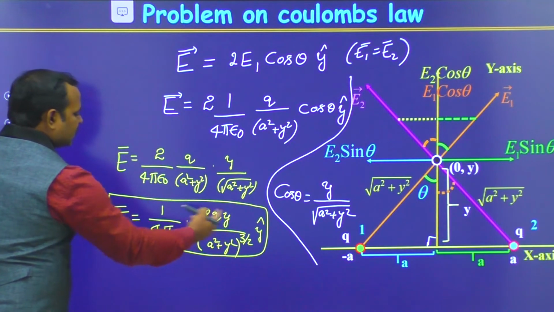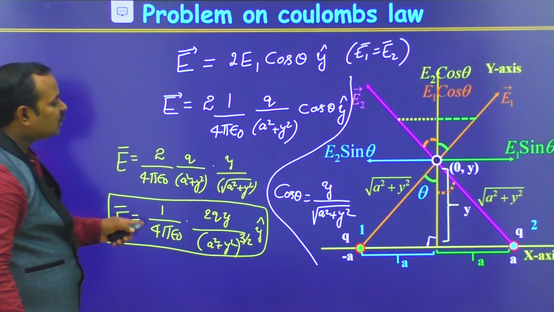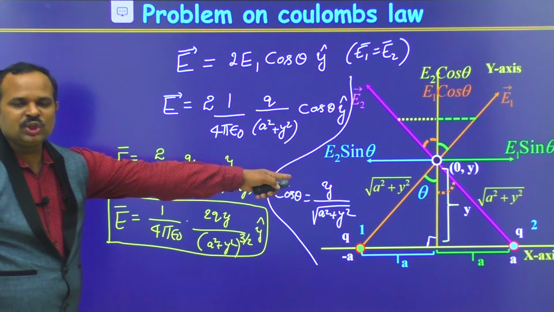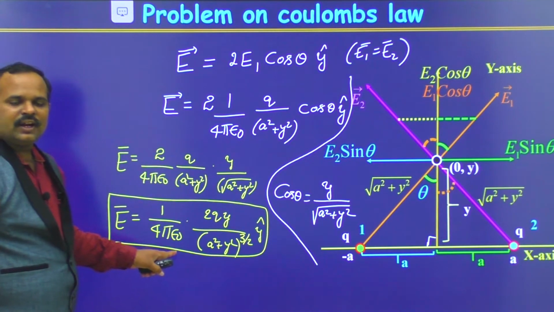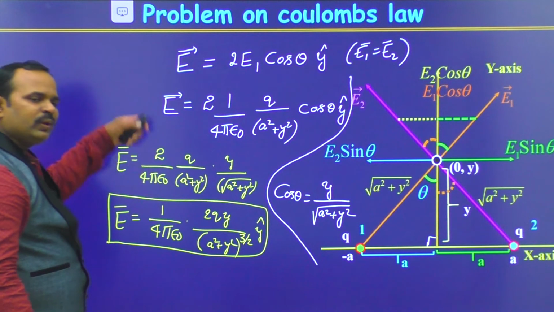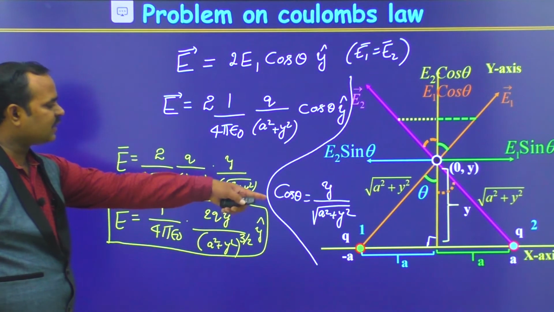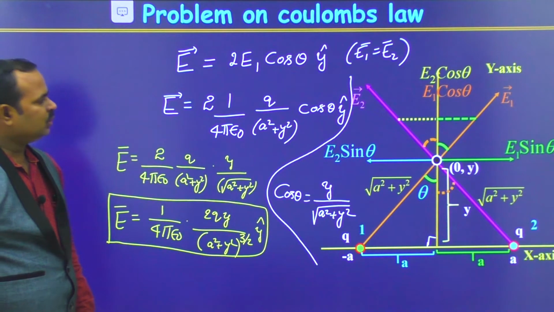This is a unit vector along the Y direction. So this is the total electric field at point 0, Y on the Y axis. This is the electric field equation. This is how we can derive electric field for this kind of charge distribution.